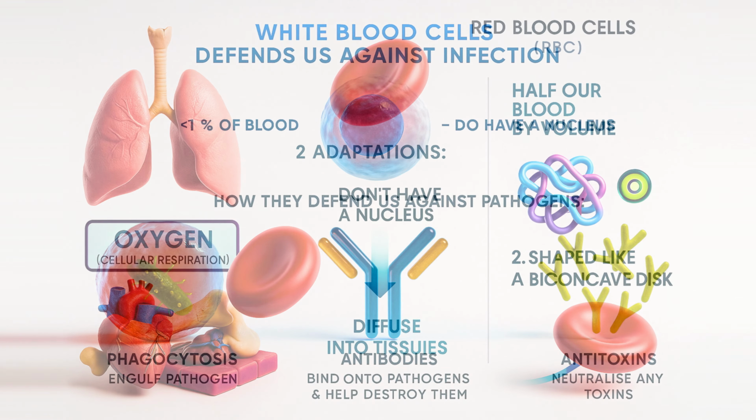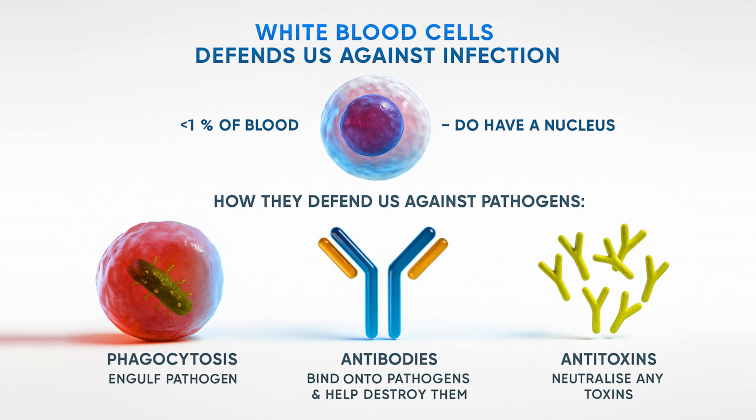In contrast, white blood cells make up less than 1% of our total blood, but they play an absolutely vital role as part of the immune system, defending the body against harmful invaders such as bacteria and viruses. There are many different types of white blood cells, and they can carry out a variety of complex tasks.